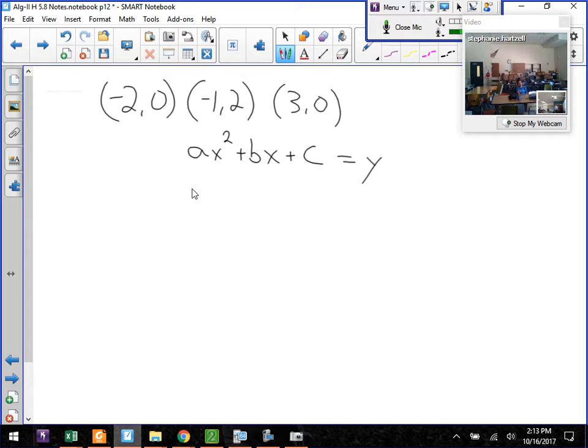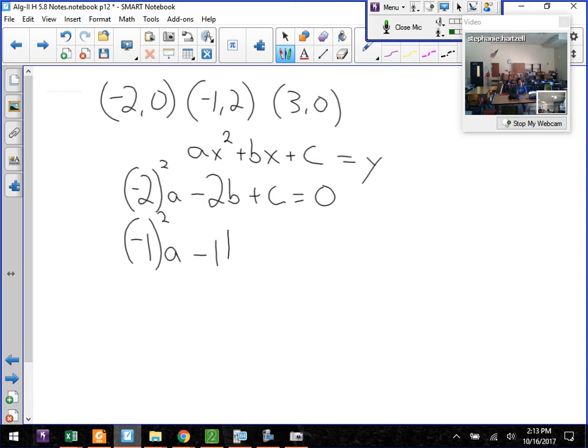So from here, I'm, again, going to start by substituting my values. I know that I'm going to get negative 2 quantity squared times a, minus 2b plus c, and then 3 squared a plus 3b plus c is again 0.